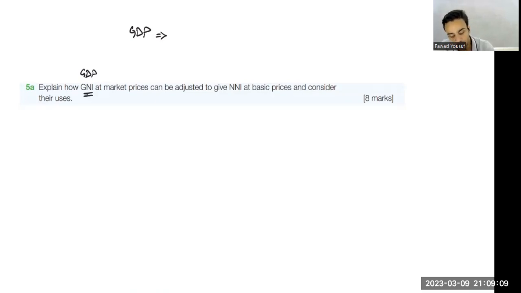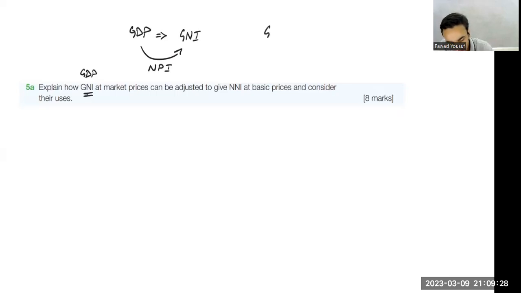So what we want to do is go from GDP to GNI, gross national income, as it's called. The conversion basically from GDP to GNI is that we want to consider something called net property income from abroad. What is that?